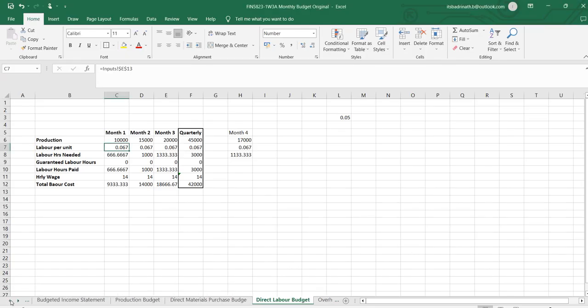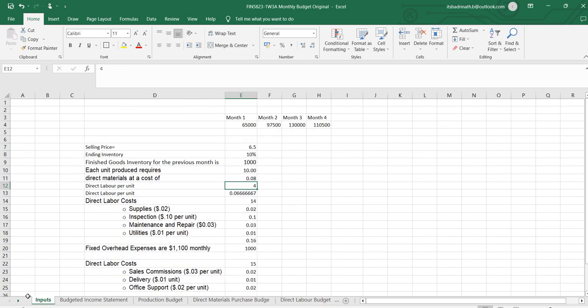I calculated that in the input sheet, so you can check it. Here, labor per unit is 5 minutes, which becomes 0.083 hours. Understood? We are transforming minutes into hours. We need the hours value because when we multiply the total number of units by this value, we get the hours required to complete the work.